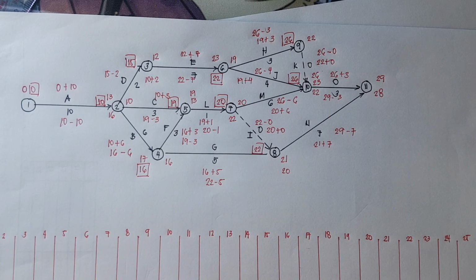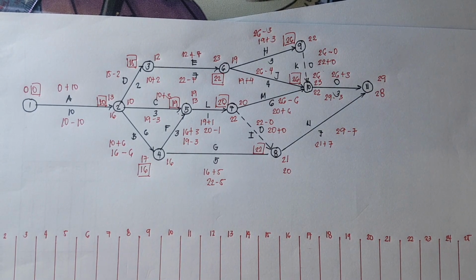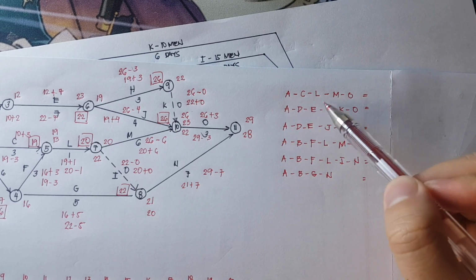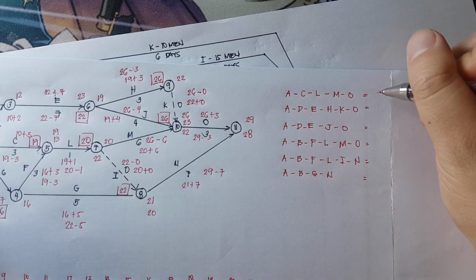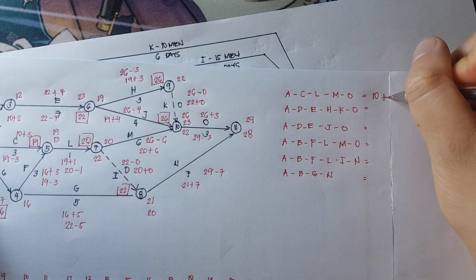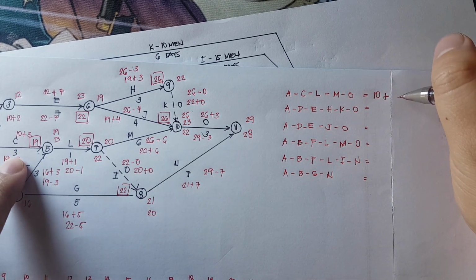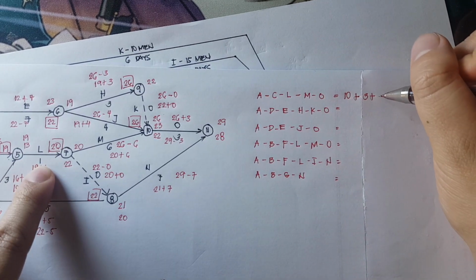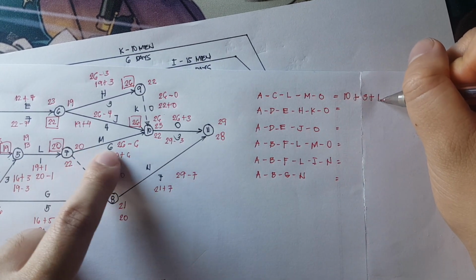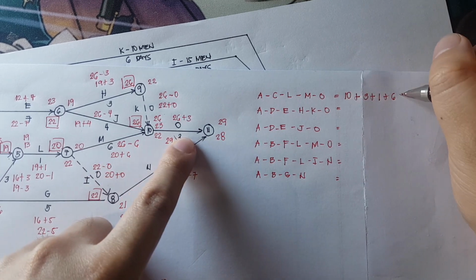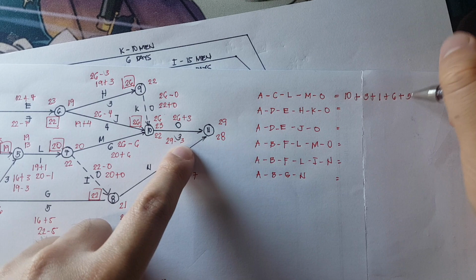So that's the paths available. I have written here the paths. So you have ACLMO. A has a 10 days duration, plus C is 3, plus L is 1, plus M has 6 days, plus O has 3 days.